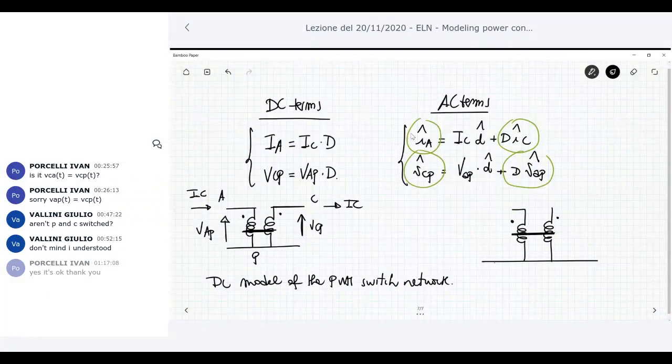Our not real transformer, a magical transformer. Here the turn ratio now is D, the steady state value of the duty cycle.